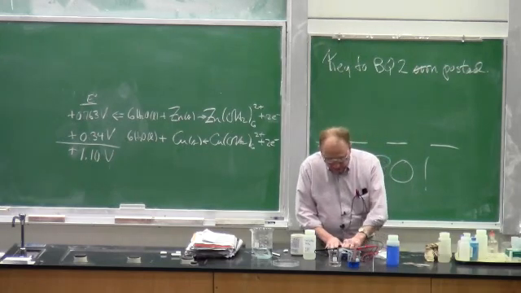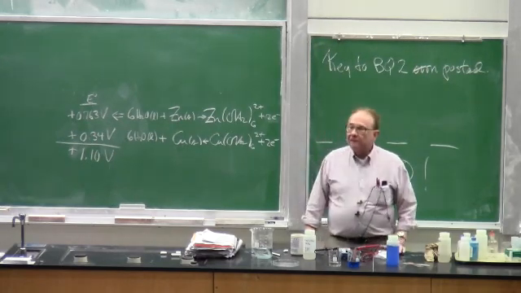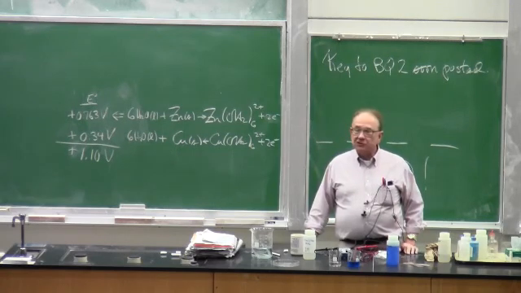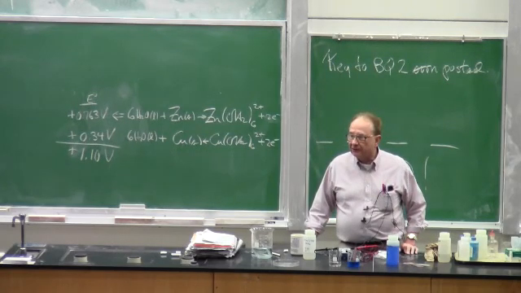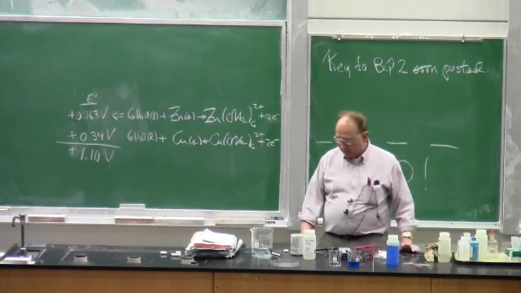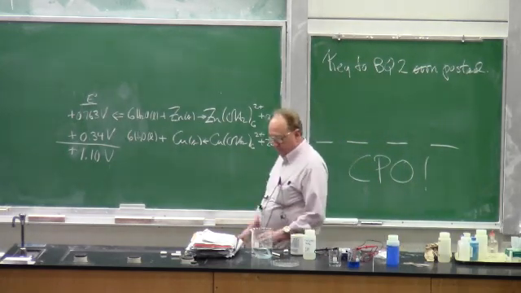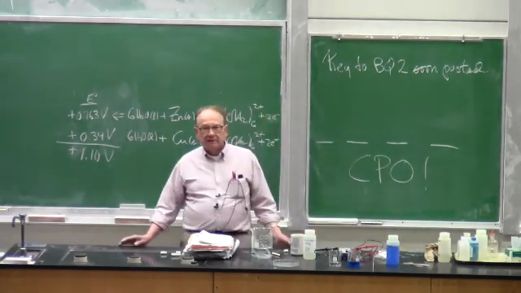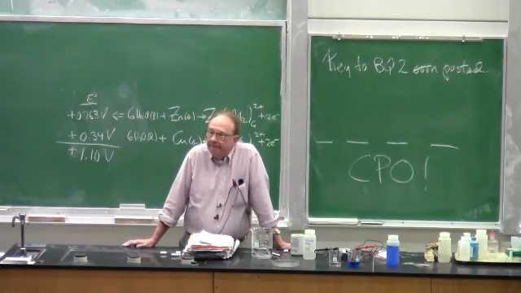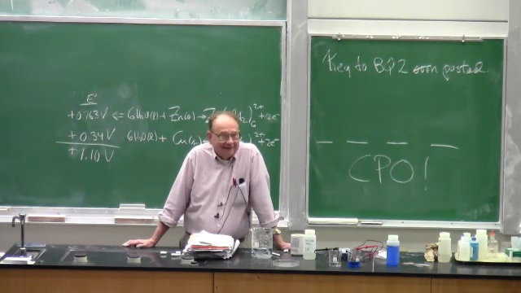Now, another comment that I will make is to make a battery, which is usually a collection of electrochemical cells hooked up in series, like your car battery. How many cells in your car battery? Do you have a car battery? Yes. You have a car?